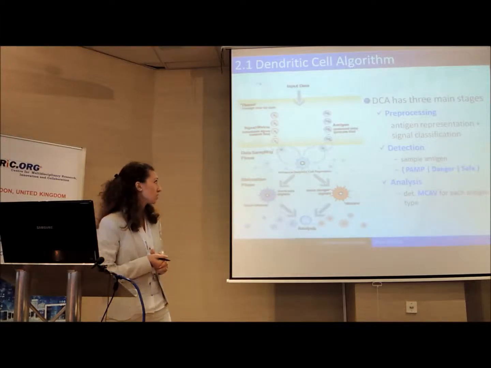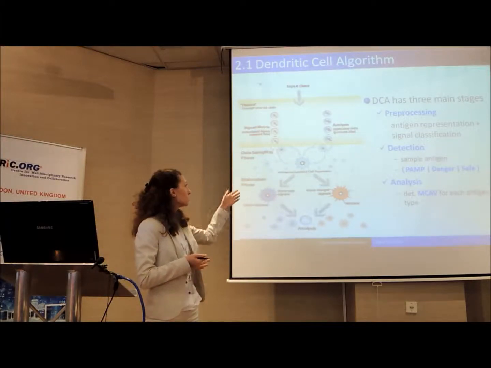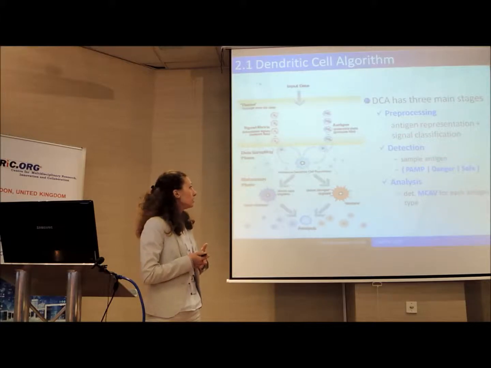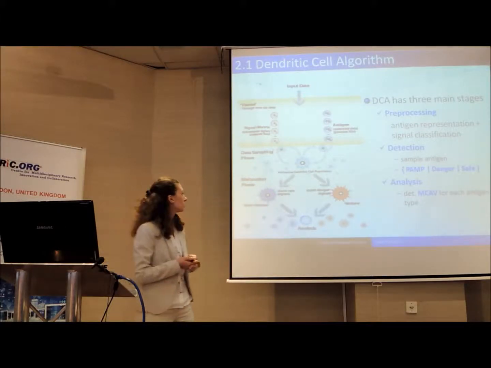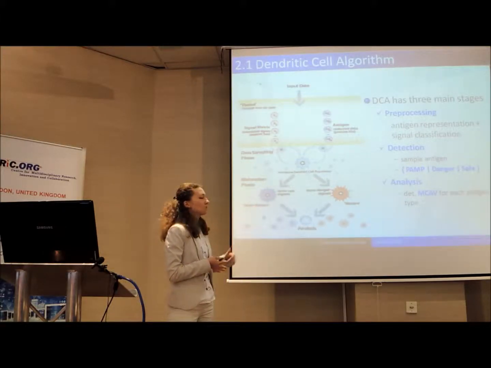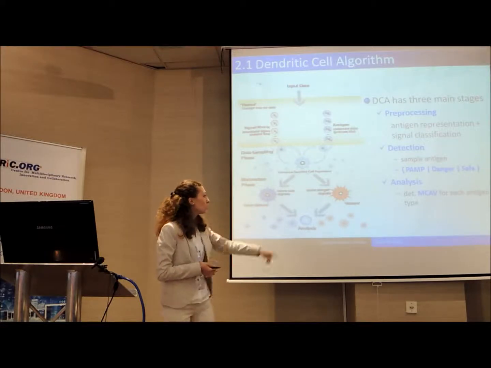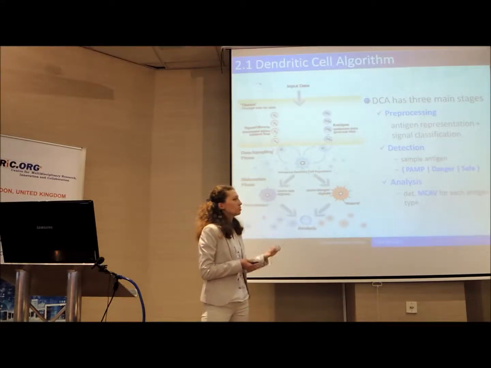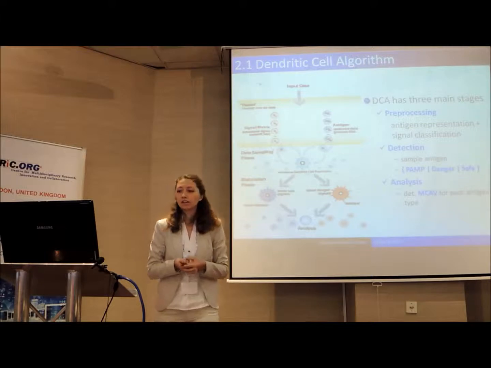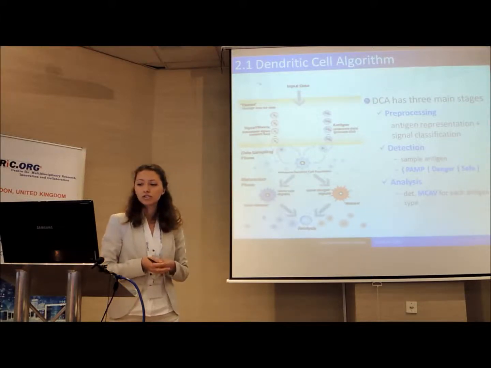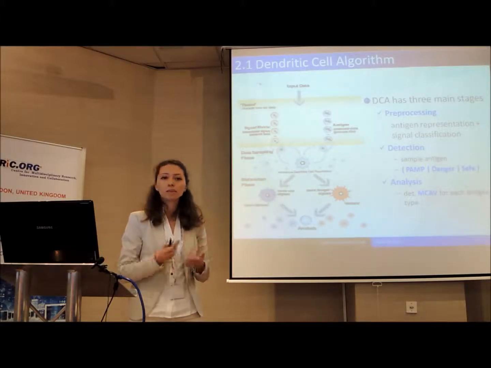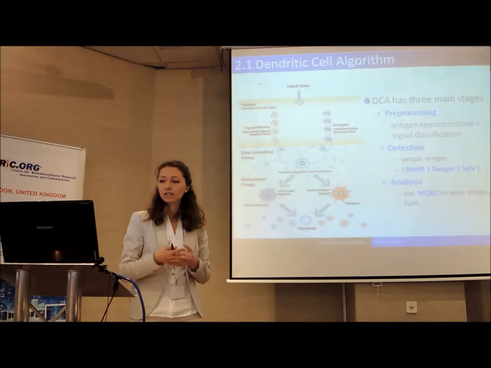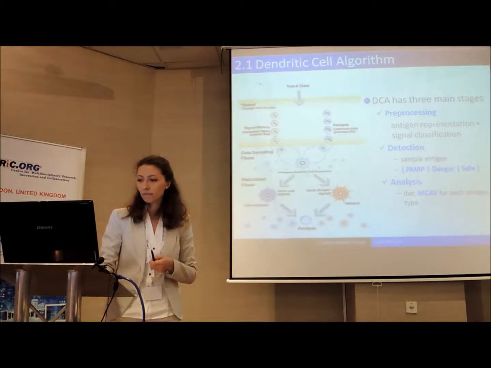Next, in the detection stage, cells start sampling antigens, and depending on the signals they encounter, they might become semi-mature, meaning they've met more safe signals, or mature, meaning they've met more danger signals. Finally, in the analysis stage, the mature antigen context value is computed for each antigen type, and depending on the set threshold, we decide if it is an anomaly or not.